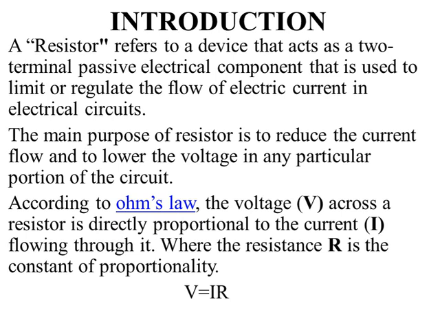So straight to the introduction. I'll briefly explain some basic things that you need to understand for this experiment. The first thing is a resistor. A resistor is a two-terminal passive electrical component that is used to limit or regulate the flow of electric current in electrical circuits.